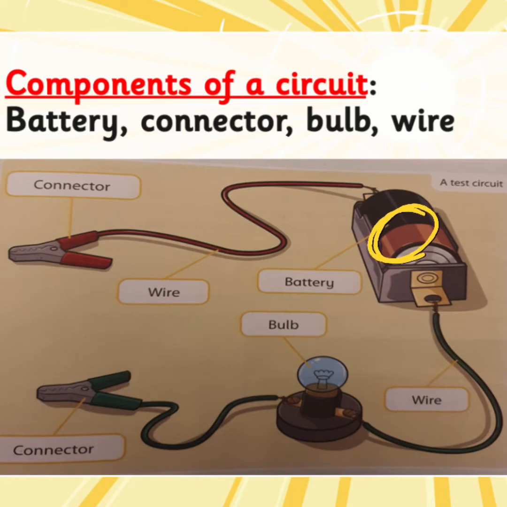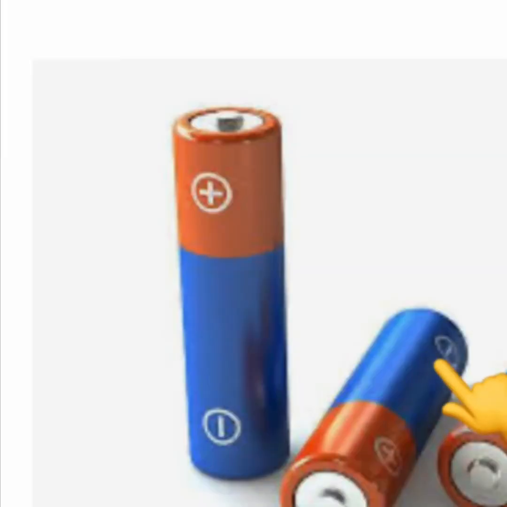For the bulb to light up, you need some sort of electrical energy, and this electrical energy you get from the battery. So the battery is the most important component of this circuit. We use batteries in various gadgets in our daily life like clocks, watches, toys, and many more.